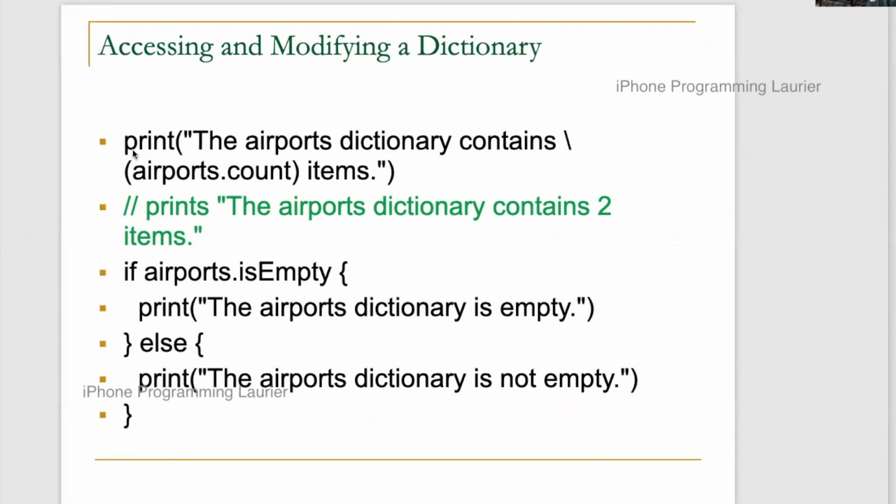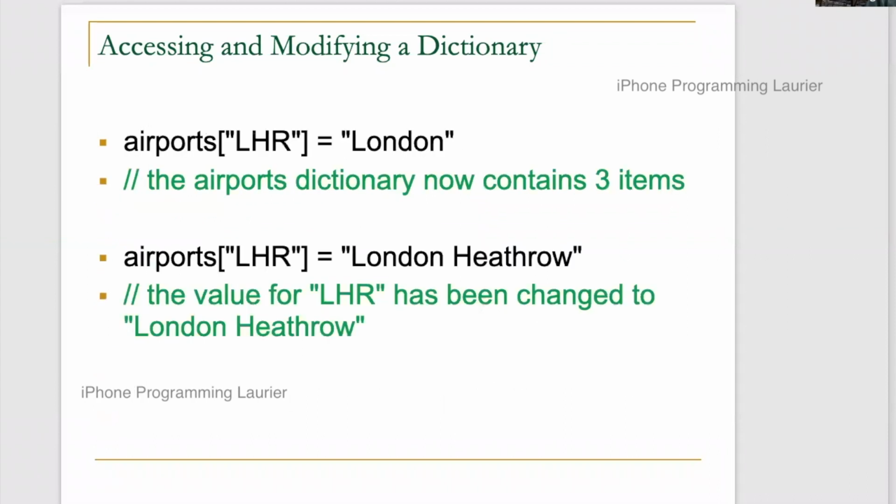I can access a lot of things in the dictionary with a given function. As usual, count means the number of items in the dictionary. isEmpty tells me whether the dictionary is empty or not. So that's very standard. I can add a new item with a key into my dictionary.